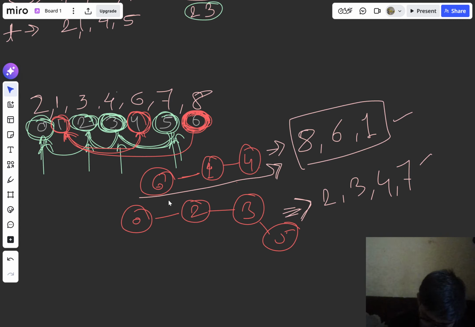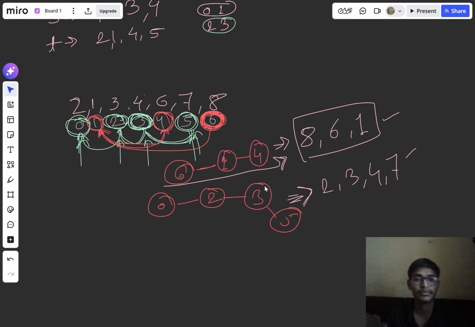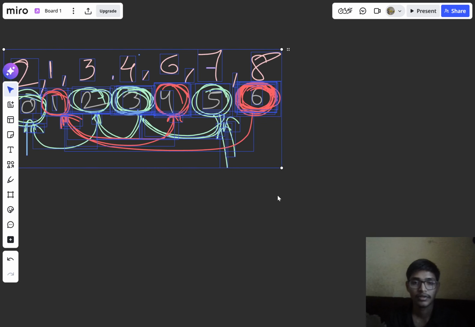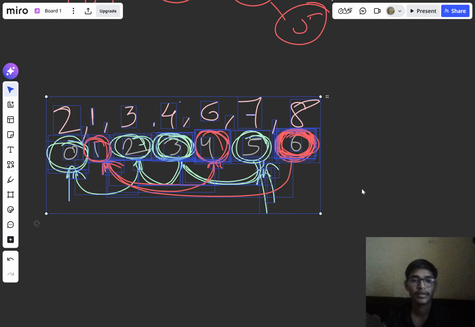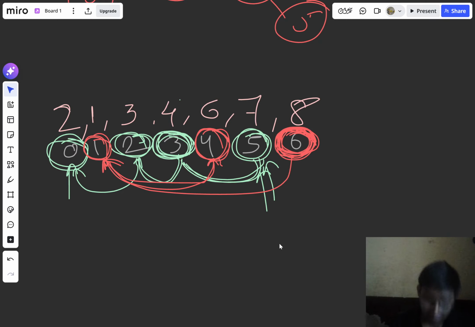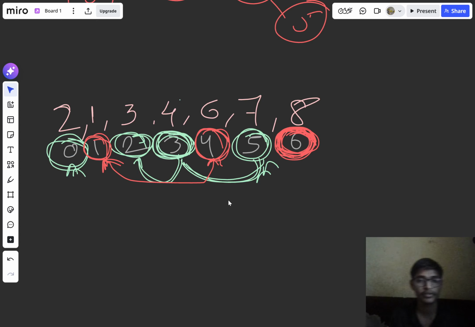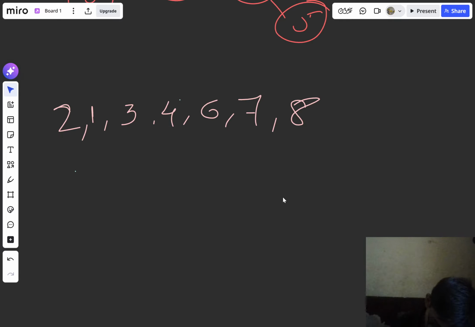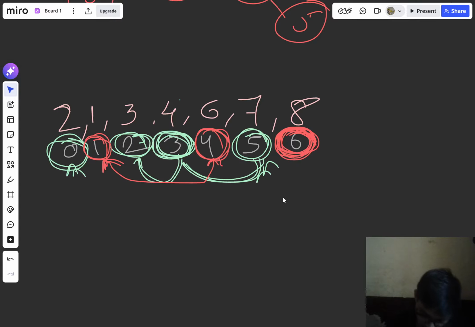Now let's decide that we have this as a target. Now we can move them to any of them. Again, this is the source which is given to us.